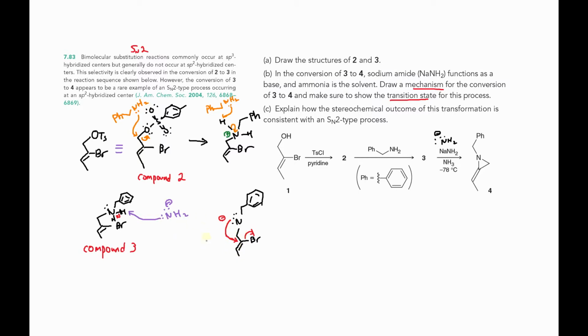I'll show that. You're going to have a bond that used to be this, now you have a 180 degree rotation. That only works with a single bond though. Once you are in this form, this nitrogen is going to form a bond with our alpha carbon here, and that's going to be our new bond in compound 4.